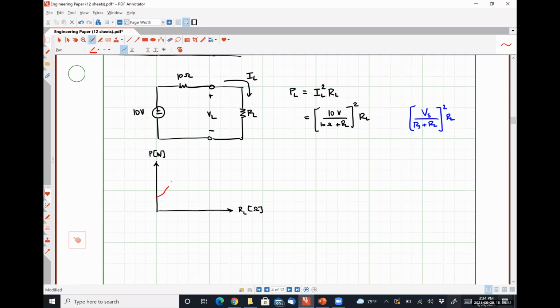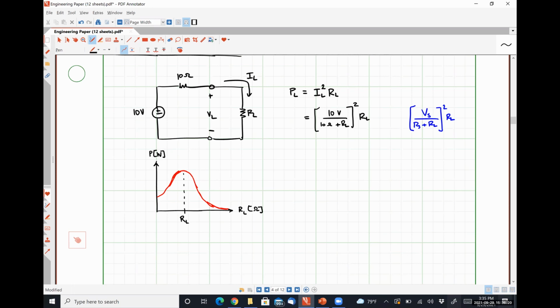And it would look something like this, where there is a very finite value of RL that corresponds to maximum power being transferred by this practical voltage source to its load.